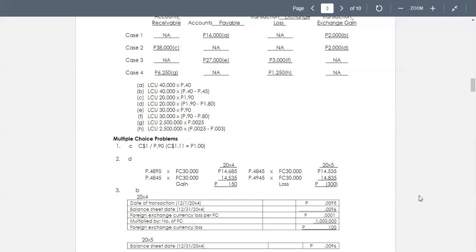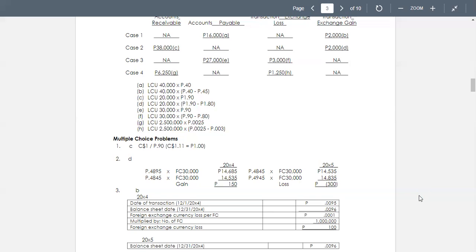In number 3, the requirement of the problem is Auto's income statement should report a foreign exchange gain or loss for the years ended December 31, 20x4 and 20x5 of. So number 3, 20x4, the date of transaction, December 1, 20x4. That's the date of transaction.